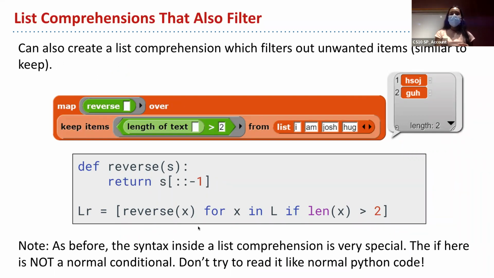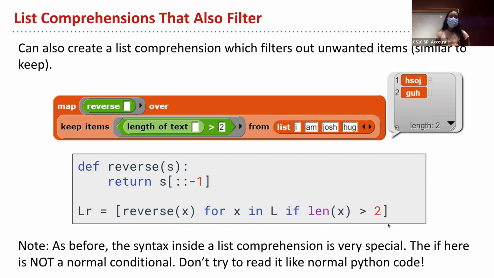So we can say reverse X for X in L if len of X is greater than 2, right? So X, again, is referring to each item in our list called L. And it's saying if the length of the item is greater than 2, then we want to reverse it. And again, we're going to output a new list here. And these square brackets are super important because otherwise it's not going to know to output a list.